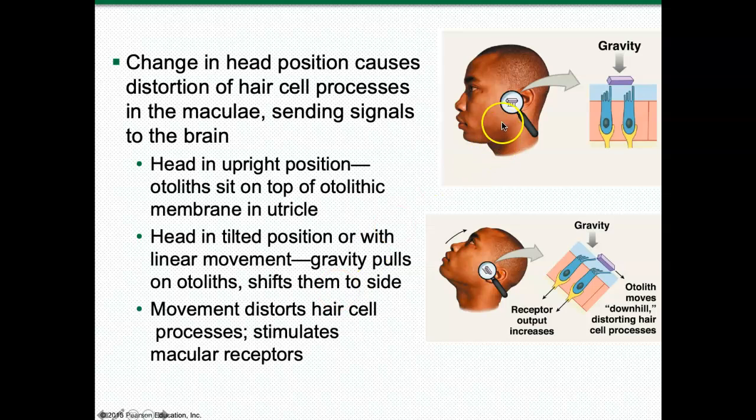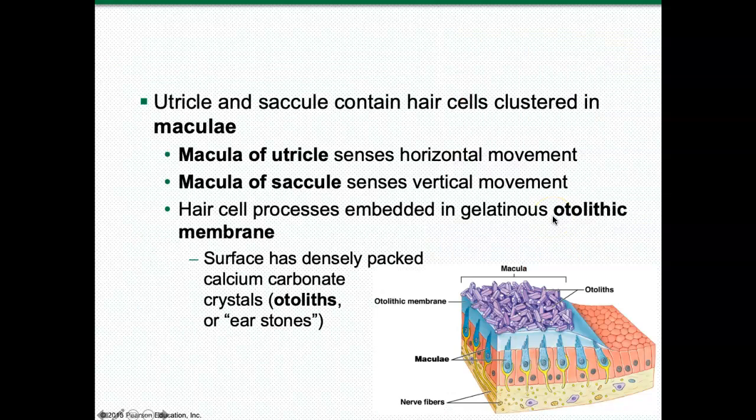So here is this fellow with his head straight up. Inside the receptors are hair cells. There are also tiny little bones called otoliths. I missed this slide here. The otoliths here are made of calcium carbonate, little stones.